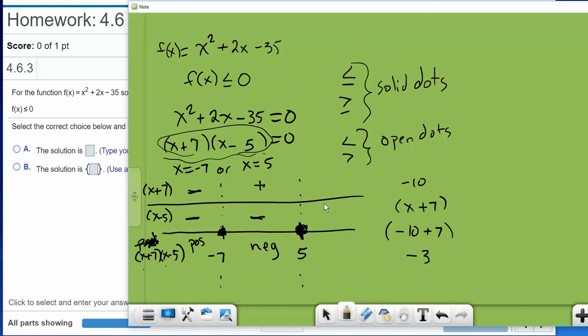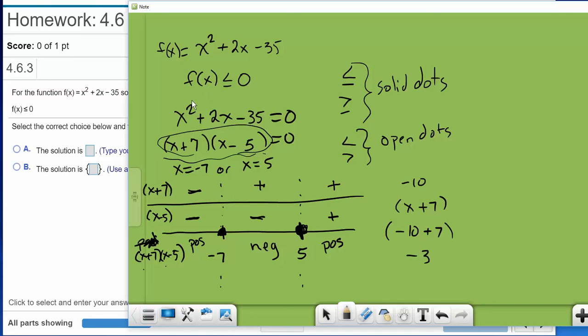And then now I'm going to look at this last interval, and do the same thing. So if I pick a number out here, like 10, 10 plus 7 would be positive, and I don't care about the 17, just positive or negative. 10 minus 5 would be positive. And then a positive times a positive would be positive.